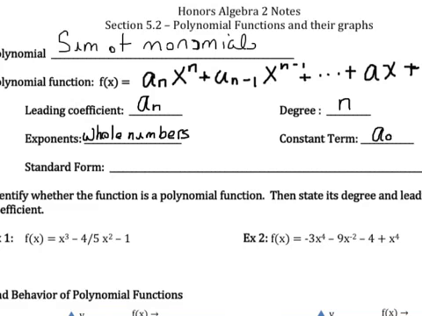Now standard form simply means that it's written in descending exponent order. So you start with the biggest exponent and go down.